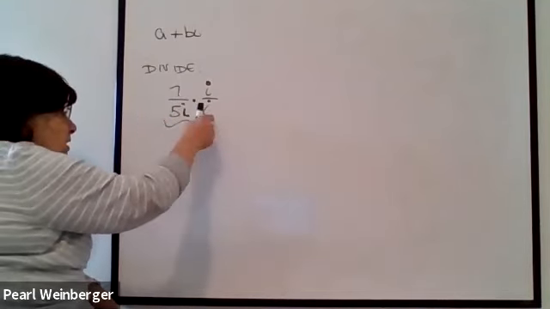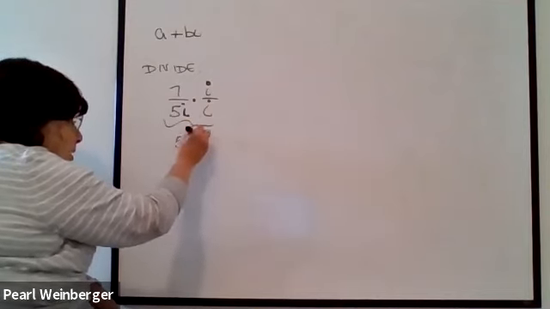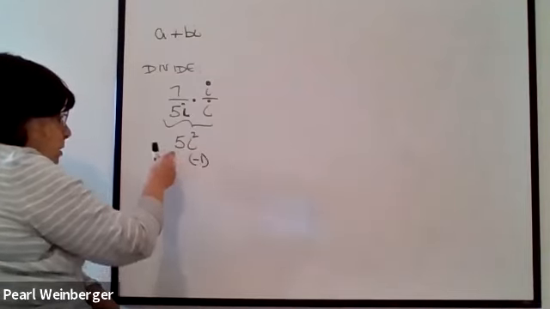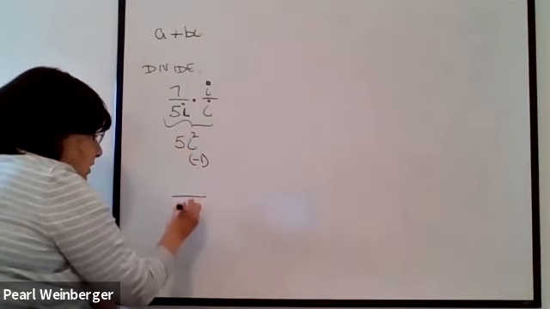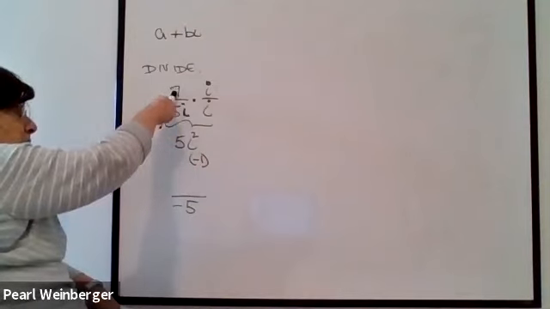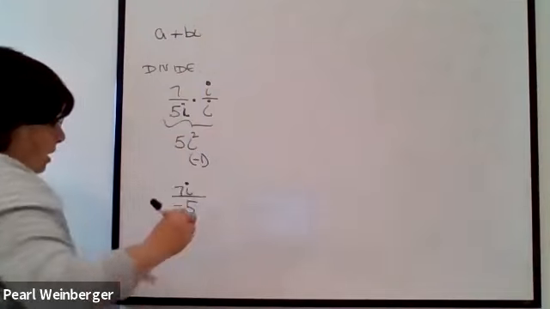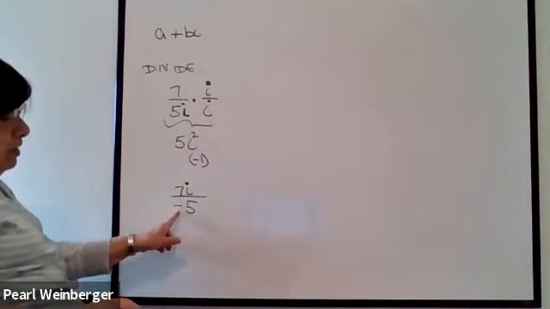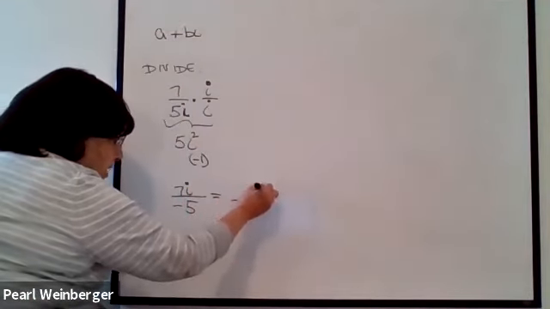I do 5i times i, and that'll give me 5i squared. And when I have an i squared, I'm going to replace it by -1. So I will get in my denominator 5 times -1, which is -5. In my numerator, I do 7 times i, which is just 7i. And remember, you don't usually leave a negative in the denominator, so just move that negative to the front of the fraction.